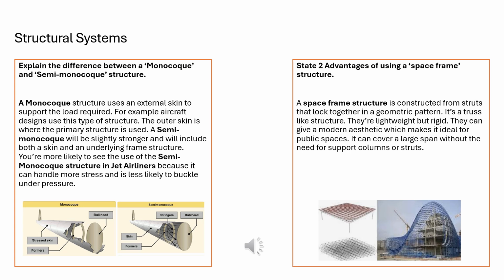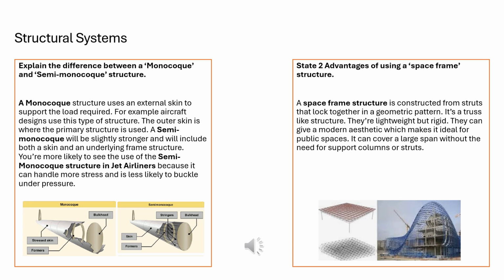But a semi-monocoque structure is slightly stronger, and as you can see, it has this underlying frame underneath it, and then the skin is over the top of it. You're more likely to see a semi-monocoque structure in jet airliners, because they need a lot more strength because of the speed they're going and the high pressure they're receiving. So this is where you're likely to see this.